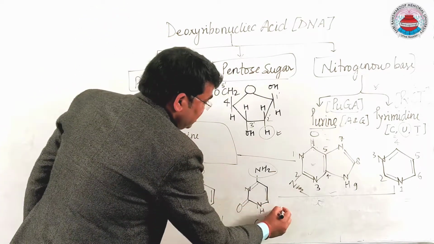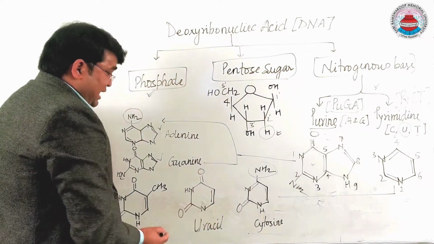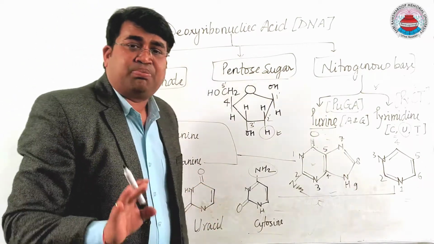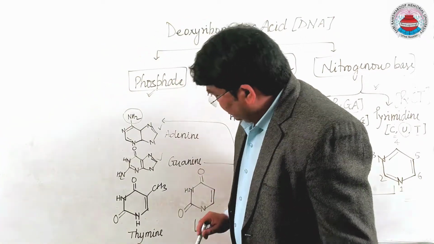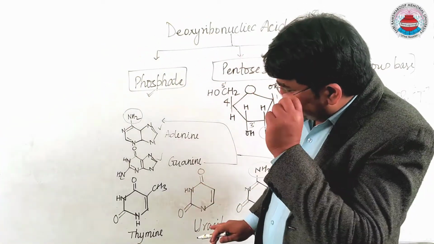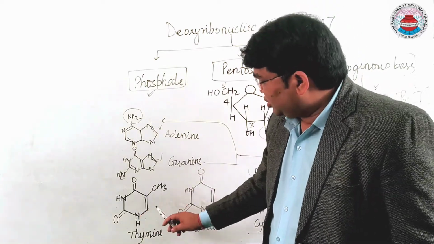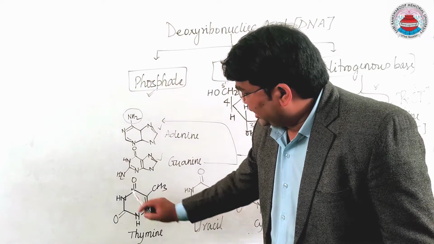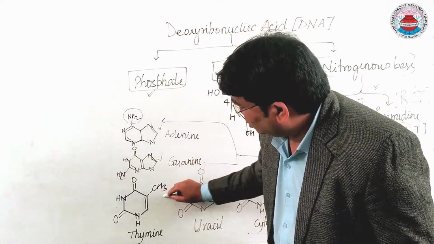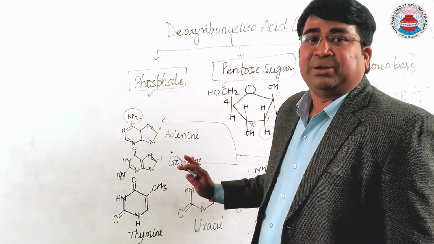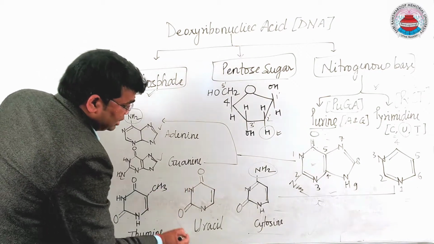So this forms cytosine. As I told you, uracil is a part of RNA, so we'll come to that. But because thymine is part of DNA, you can see here a double bonded oxygen and a methyl group, which forms thymine.